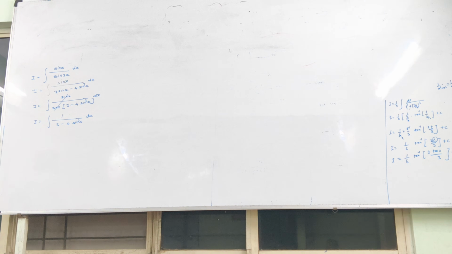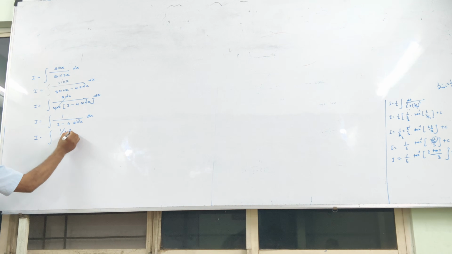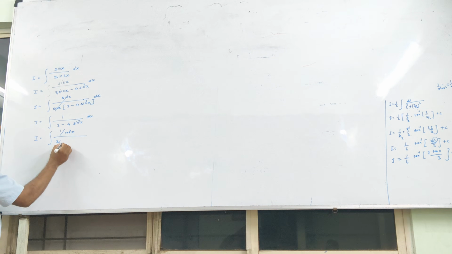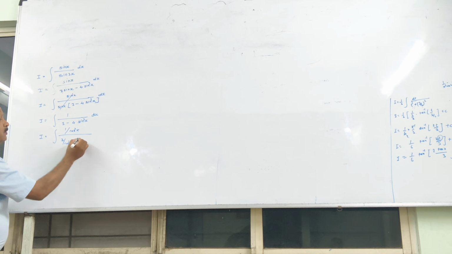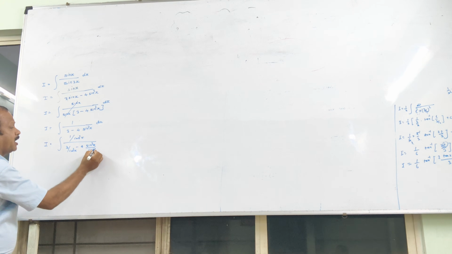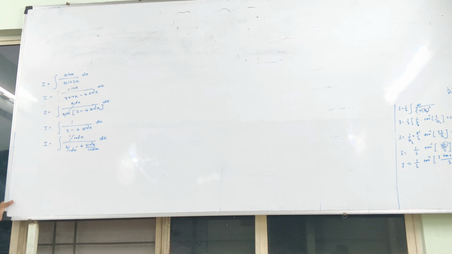So dividing by cos square, we can write integration of 1 upon cos square x upon 3 cos square x minus 4 sin square x upon cos square x into dx. In this type we can always divide by cos square x.